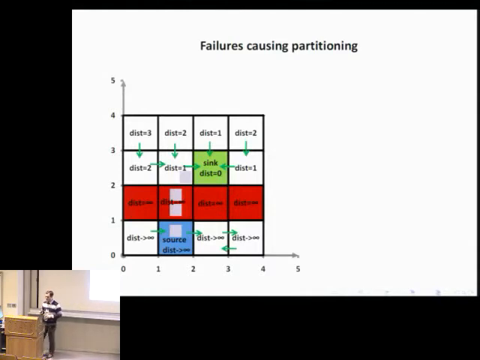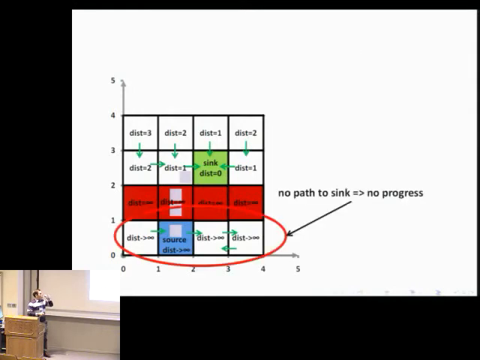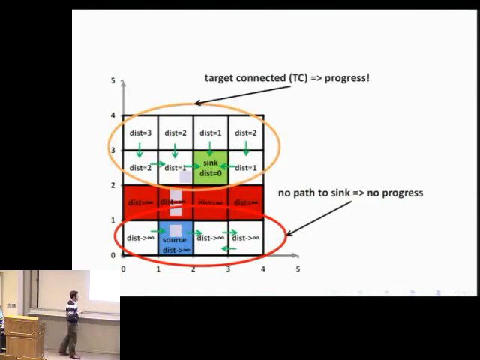What we're going to maintain, though, is the invariance of safety in spite of this occurring. So safety is still satisfied despite this part of the system being really wrong. The rest of the system still maintains safety, and it also makes progress. As I said, these nodes don't have a path to the sink, so they don't have progress. These are still target connected, so we'll get progress.